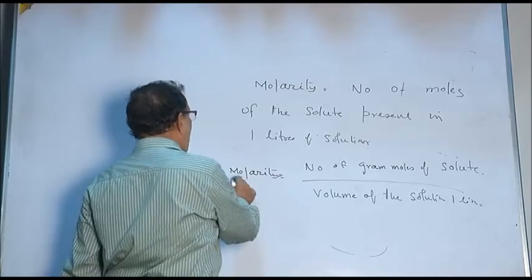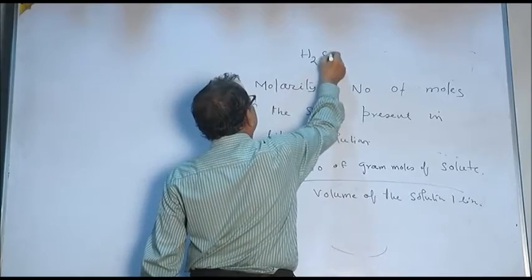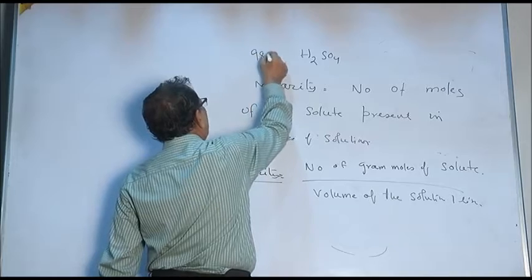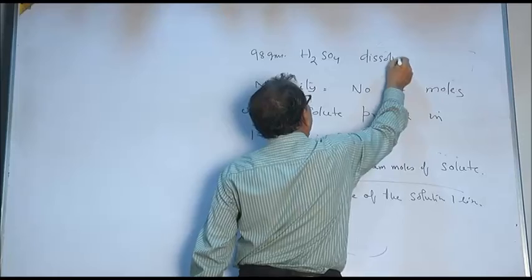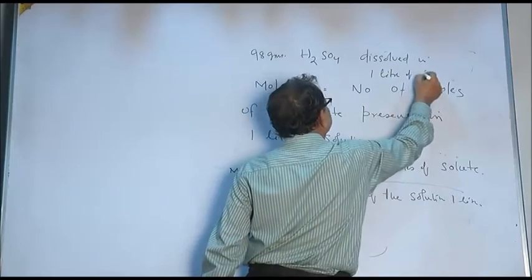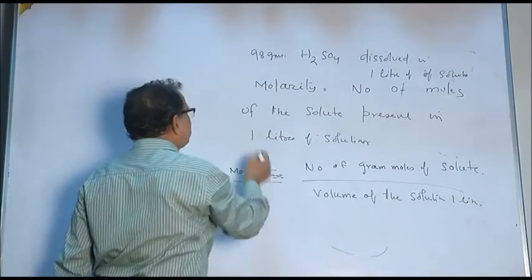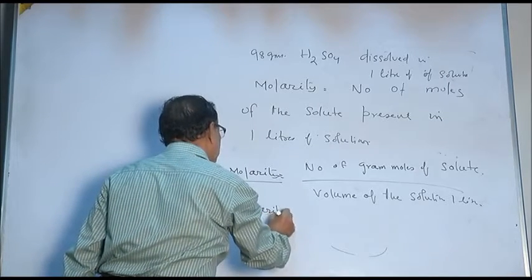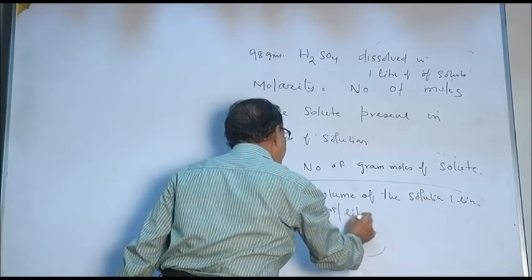Suppose you have the molarity of sulfuric acid. The question is: 98 grams of sulfuric acid is dissolved in 1 liter of solution. What is the molarity? Mathematically, molarity is equal to grams per liter by molecular mass.